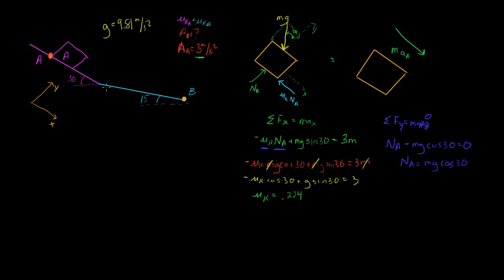And what we want to do now is repeat these steps we took, and figure out the acceleration at B. And when we do this, we want to change our coordinate system. So instead of rotating at 30 degrees, we're only rotating at 15 degrees.